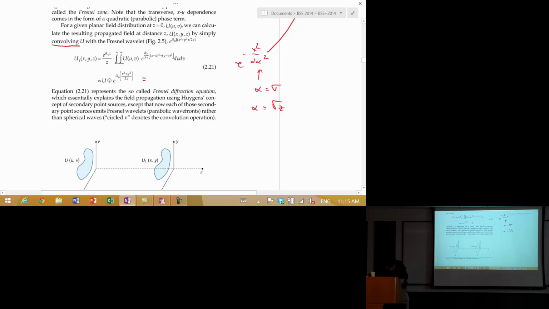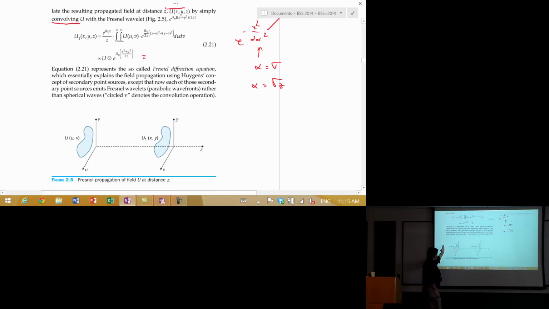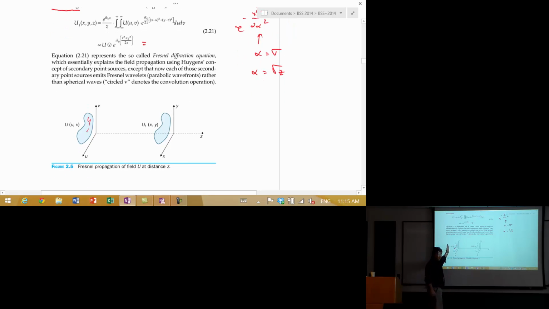So I have a source that looks like this. Or this could be an aperture that actually is illuminated by a plane wave. This is essentially any diffraction problem you can think of. See the random aperture at the plane. Well, it could be a primary source. It could be, I don't know, a fluorescent source over a certain domain.